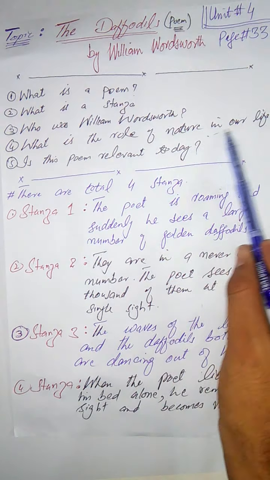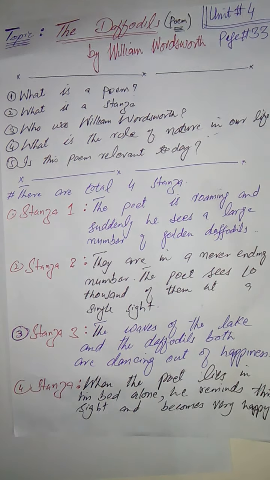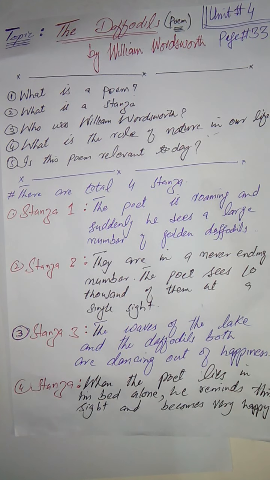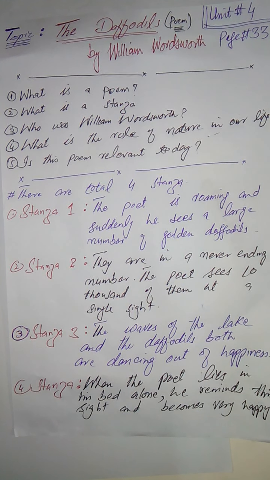What is the role of nature in our life? Nature can have lots of advantages for us if you think critically about it. There are lots of benefits from nature. But from Wordsworth's point of view, nature gives you pleasure, because at the end of the poem he says, and then my heart with pleasure fills and dances with the daffodils.